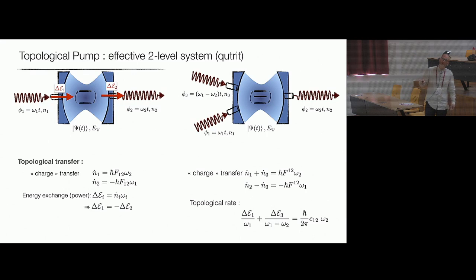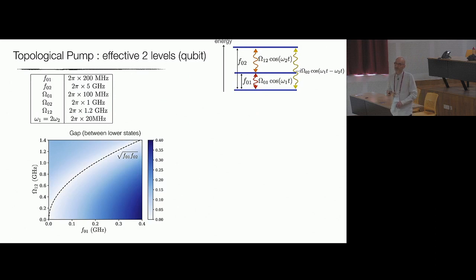If you work out again what I was describing, the relation between the charges of the baths, you realize that now I have a relation between the change of the sum of two charges and the difference of two other charges, just looking at how the frequencies are distributed on the baths. That means that if you want to detect the topological transfer, you should consider this quantity: divide the power transfer by some combination of frequencies.